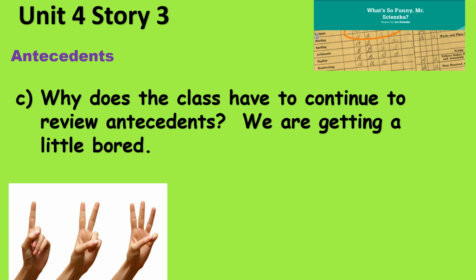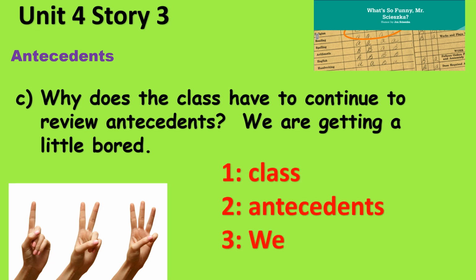How about on C? "Why does the class have to continue to review antecedents? We're getting a little bored." I'm sure some of you are thinking that. So we want to find the antecedent. We also want to know what the pronoun is. So what's the pronoun we're talking about in this last sentence? We, right? Well, who is we?